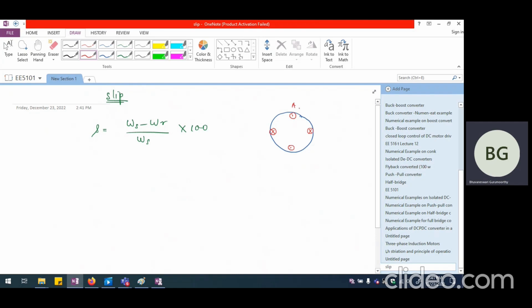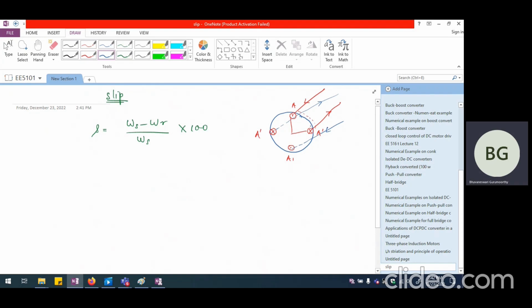So if this is wound somewhat like this, from here to here itself, the current is completely going to reverse its direction. For example, if this current is coming out of the board, this current is going to go in like this. So this is the way the conductors are going to be connected. And again, we see that this current is coming out of the board, whereas this current will be going in.